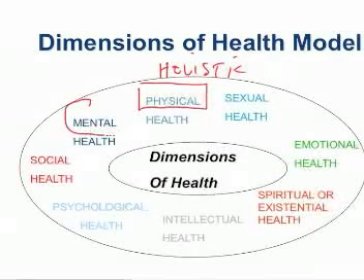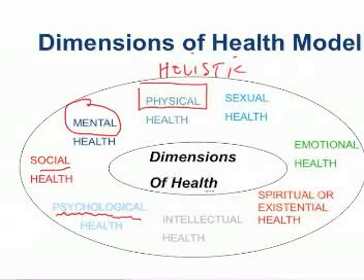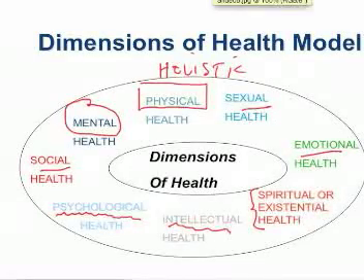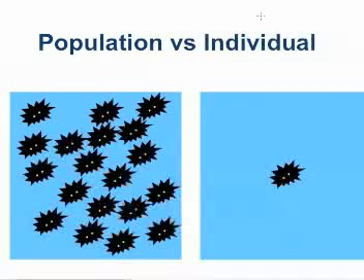We're pretty familiar in the medical model with mental health, but there are also a range of other types of health or considerations in health. There's psychological, social, spiritual or existential health, emotional health, sexual health, and intellectual health. So there's a range of different ways and different contexts that we can consider health, and the health promotion approach to public health is very much concerned with that very holistic view of what health is.